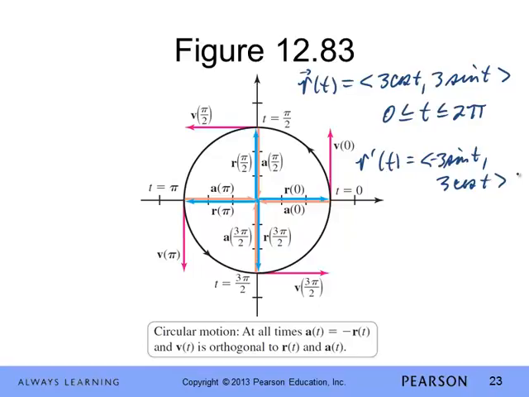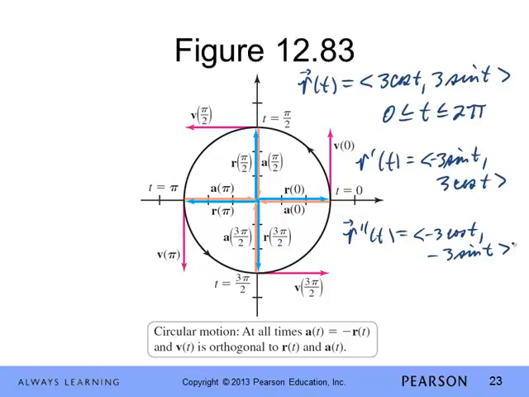Now, let's go ahead and calculate the second derivative, r double prime, because I want to get the acceleration here. You get negative 3 cosine of t, comma, negative 3 sine of t. So there's your acceleration vector.